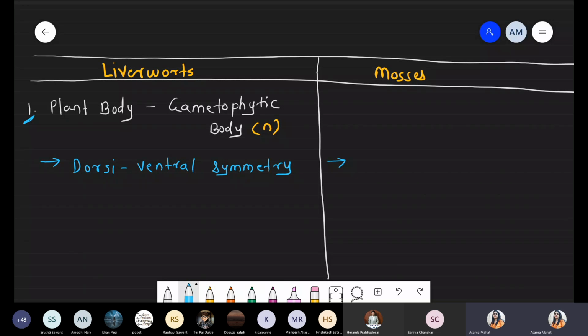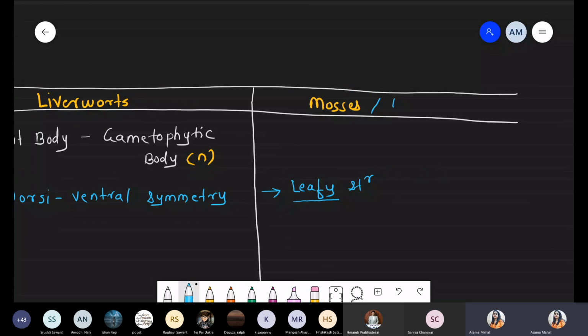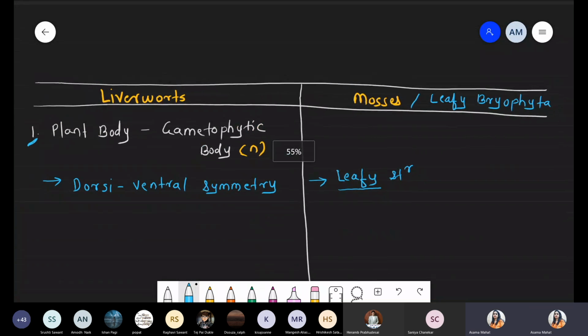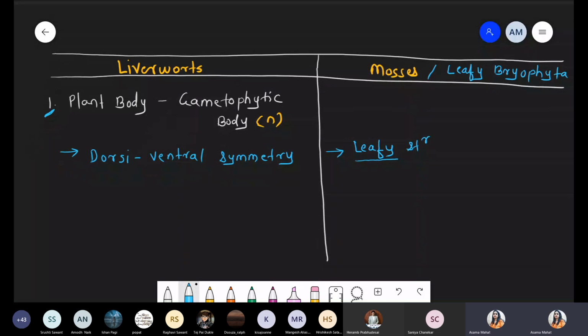The typical gametophytic body structure is leafy, and that's why mosses are also called the leafy bryophyta, because the total gametophytic body is covered with leaves, maximum leaves are present.